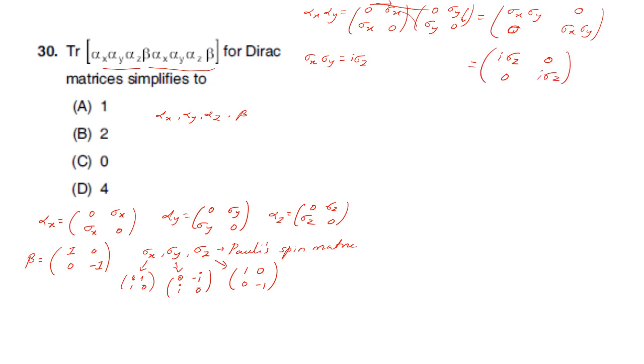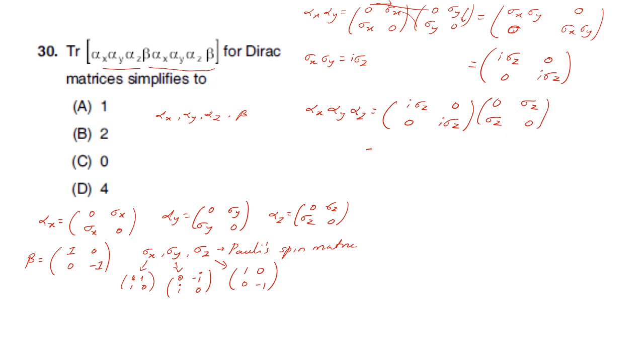Then now let us consider alpha x alpha y into alpha z, that is I sigma z, 0; 0, I sigma z into alpha z, which is 0 sigma z; sigma z 0.